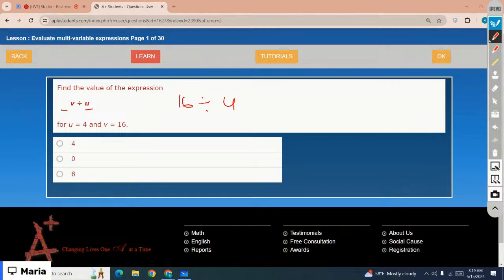So 16 divided by 4 is, 4 it is, right? 4 times 4 is 16. The correct option is 4.